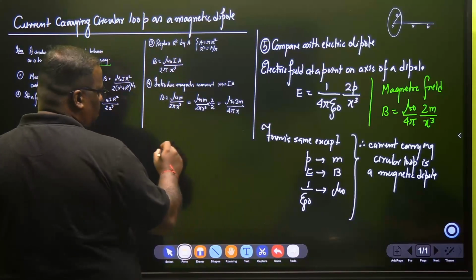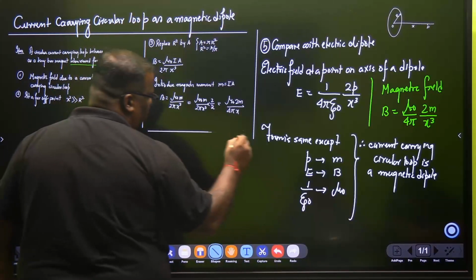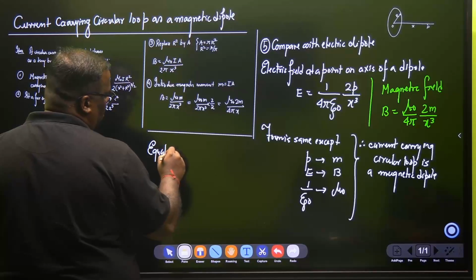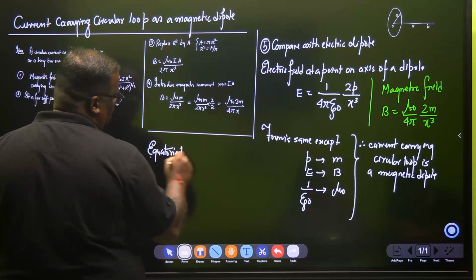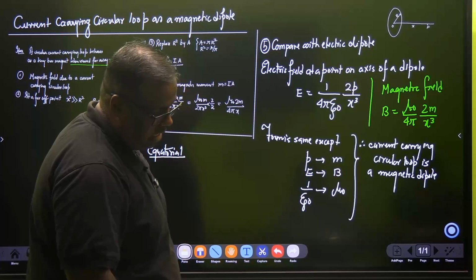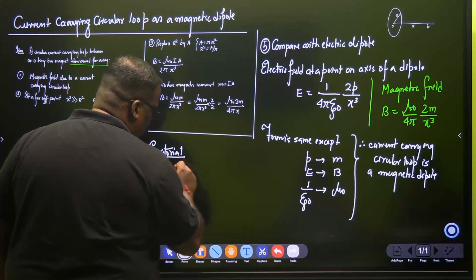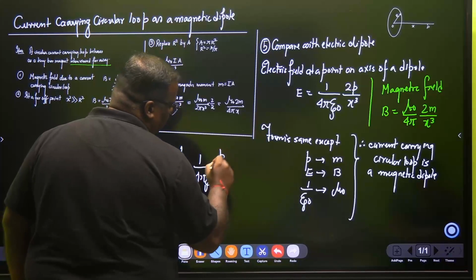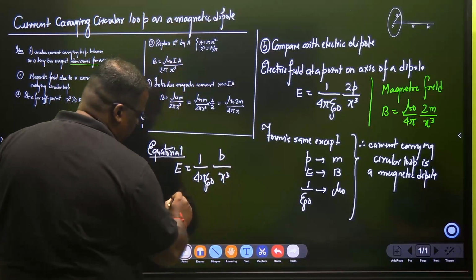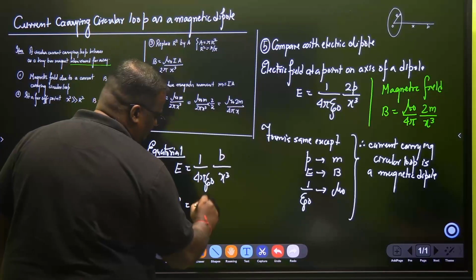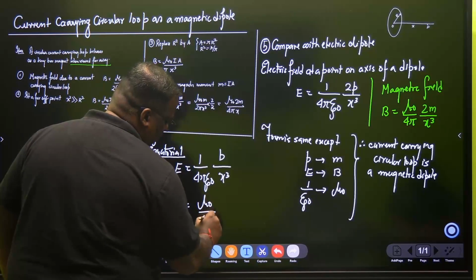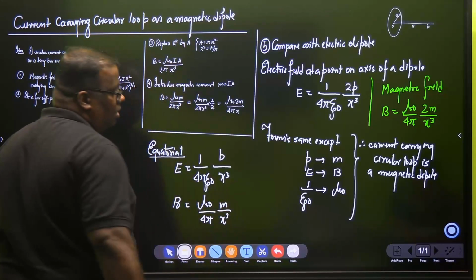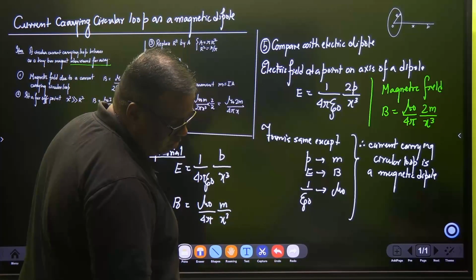You can also see, in summary, the equatorial case. In the equatorial case, the electric field is given by 1 by 4 pi epsilon naught P by x cube, whereas the magnetic field is given by mu naught by 4 pi M by x cube.